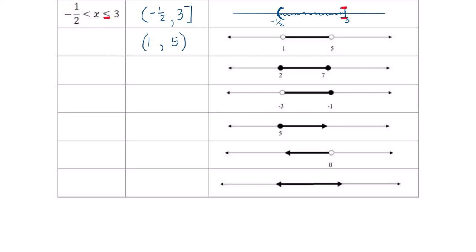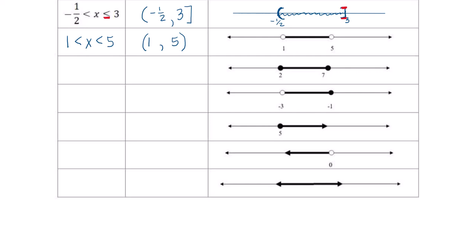We're getting infinitely close to them, but we don't actually include the values of 1 and 5 in the set, so we'll use parentheses on this. And this is an inequality notation where x is between 1 and 5. X is greater than 1 and less than 5 at the same time.